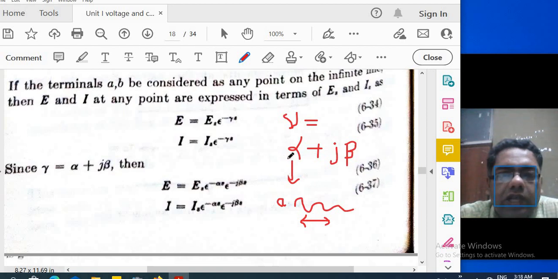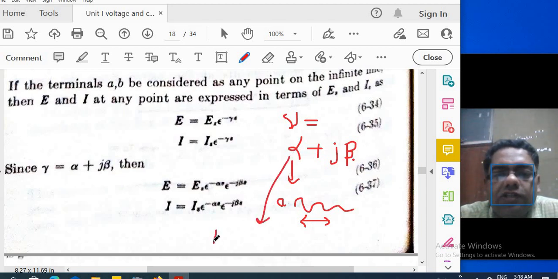So that is alpha. And beta is the phase constant, that means how much the phase of the signal changes when it travels unit distance in a transmission line. The unit of alpha is generally written in Nepers per meter.